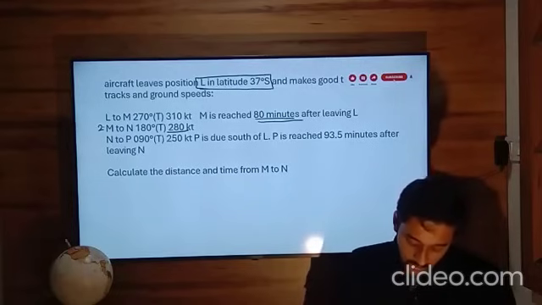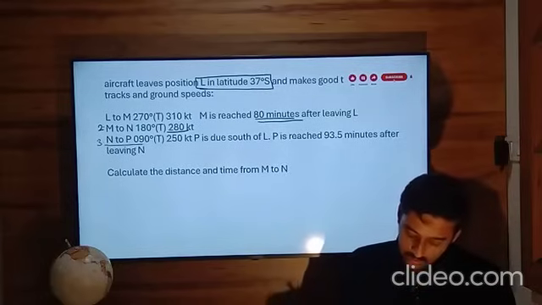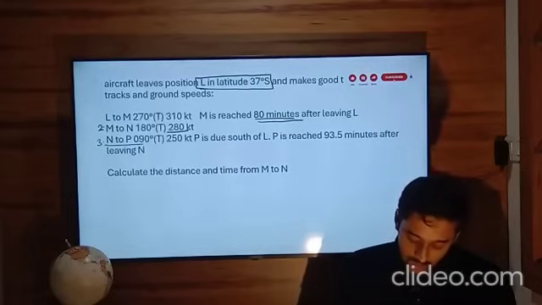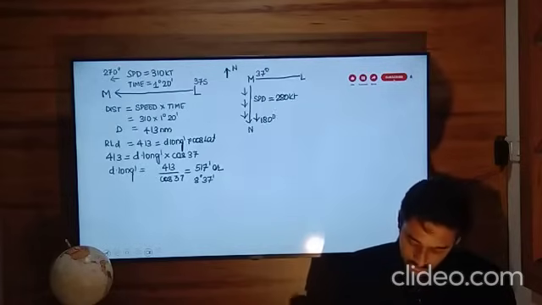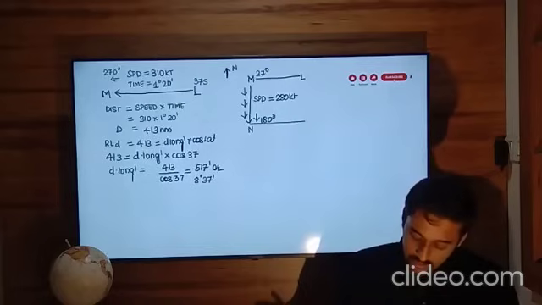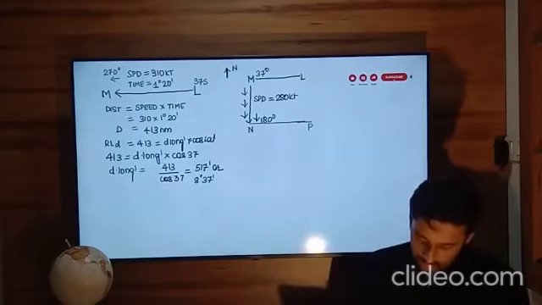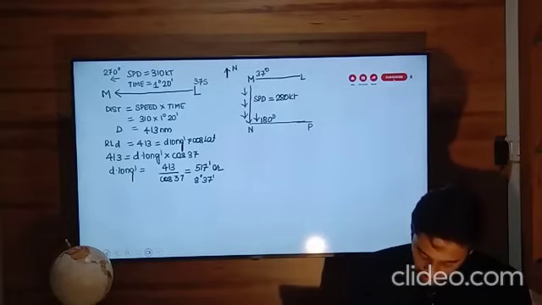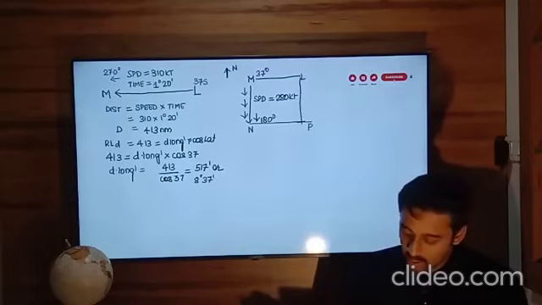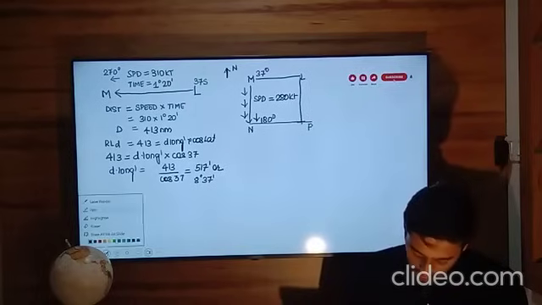Next point, from November to Papa, you fly a heading of 090. Papa is directly south of Lima.